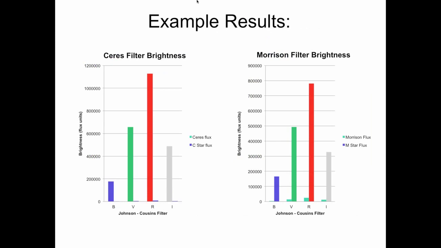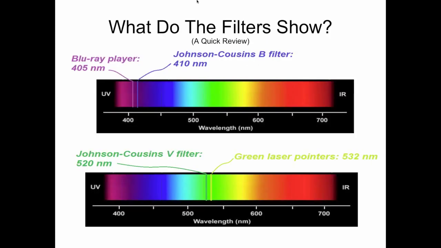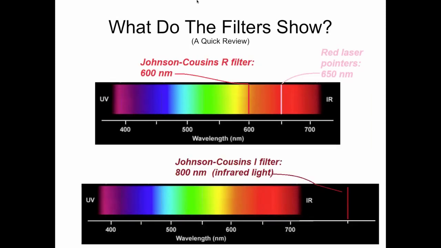We found less with the B filters and much more with the R. And the next slide. And here's just a little overview of the filters, what sort of light and wavelengths you can expect. So we didn't see as much of the blue and violet side of the spectrum, and more in the green, yellow, orange, red area. You can go to the next slide, and I'll show the other filters that we used in the experiment.